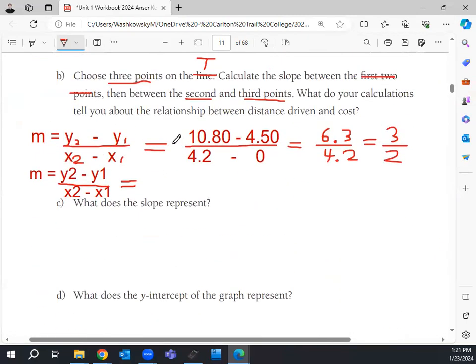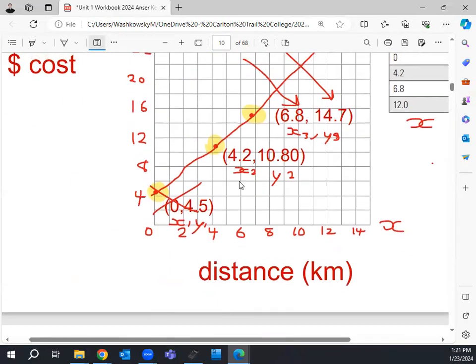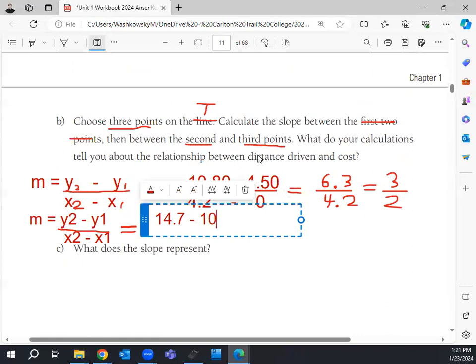So that's my new Y2, 14.7. And that's subtracted by my new Y1, which is 10.8. So it changes if you have to use more than 2, for example. And then that's all divided by X2, which was 6.8 minus 4.2.